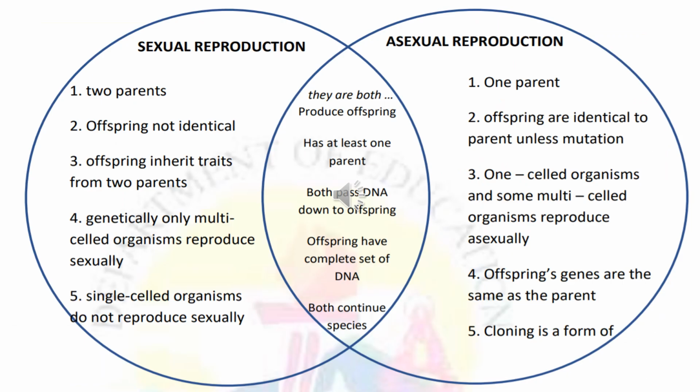If we compare sexual reproduction to asexual reproduction, here are the similarities. They both produce offspring. Has at least one parent. Both pass DNA down to the offspring. The offspring has a complete set of DNA. And they both continue the species.